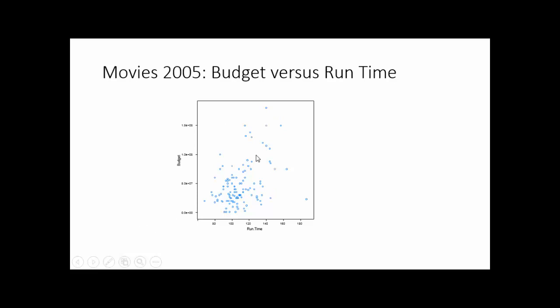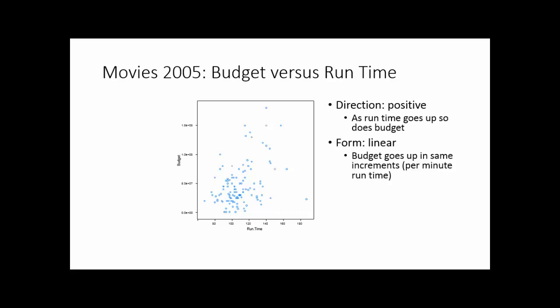And so moving up from left to right is a positive direction, right? And that means that there is some sense that longer movies do cost more and shorter movies cost less, or vice versa. More expensive movies are longer and cheap movies are shorter. They tend to be.